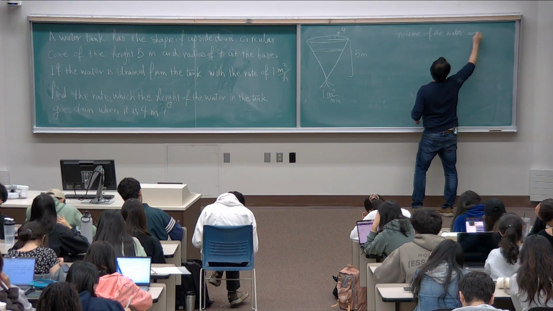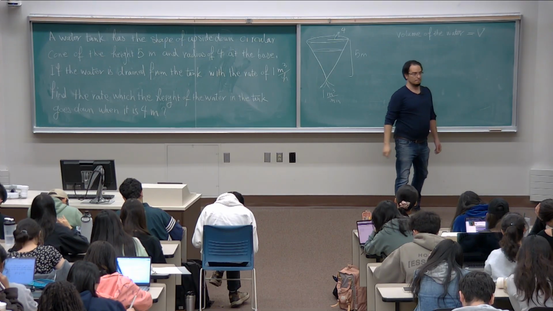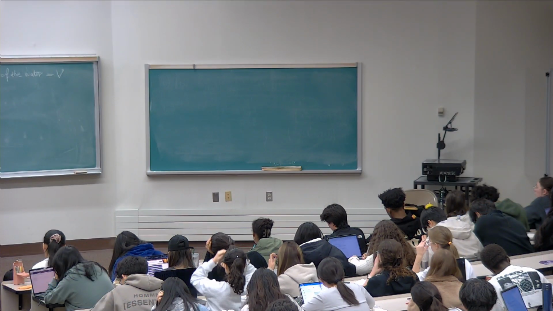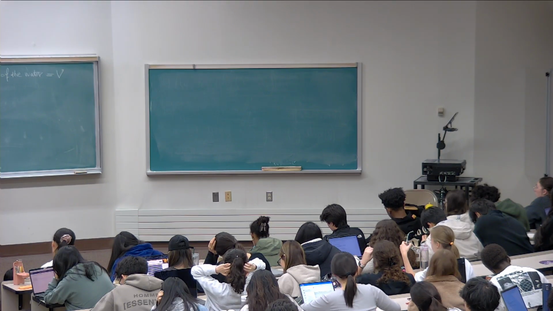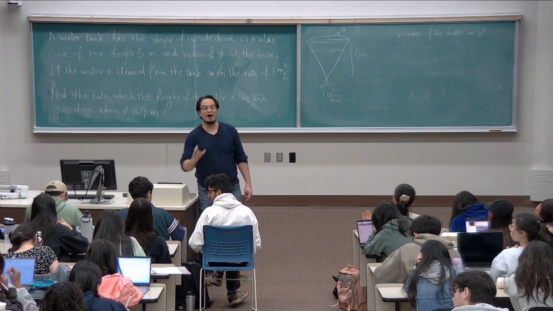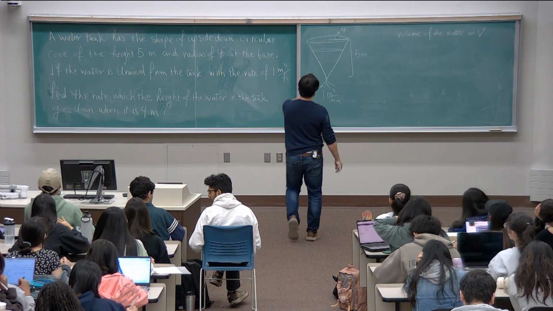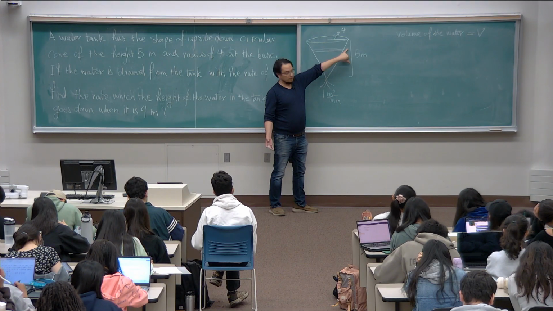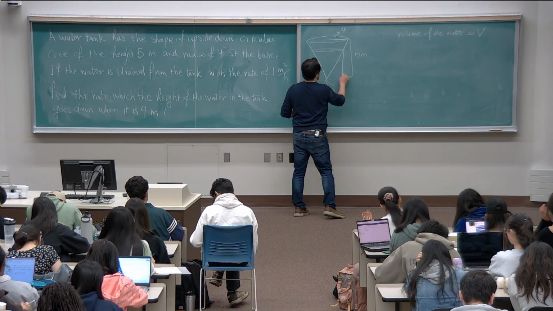Is it okay I denote it with V? Yeah? What else? The height of the water. Height of the tank stays the same, yes, all the time. But here, what changes is the height of the water.